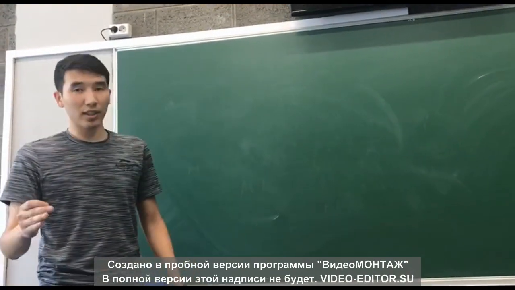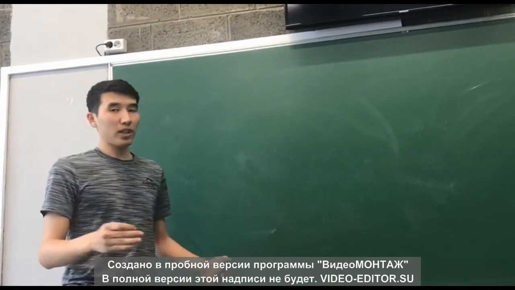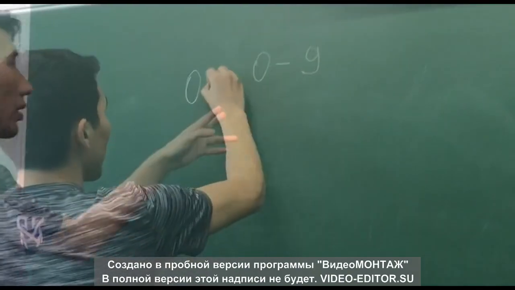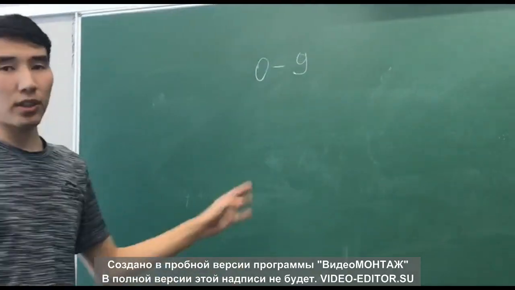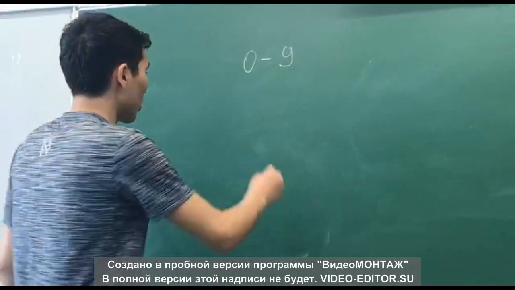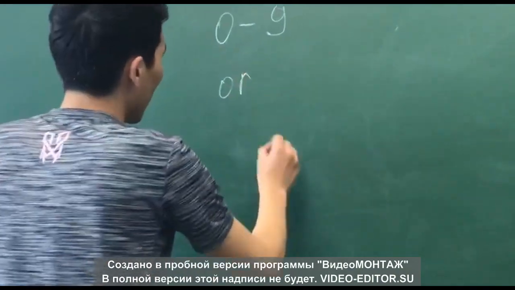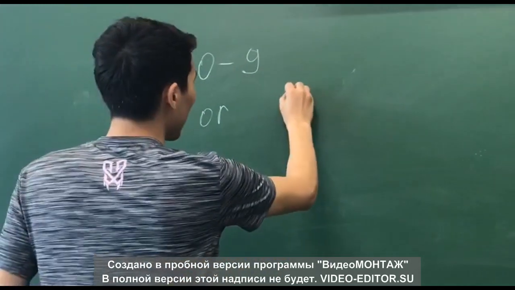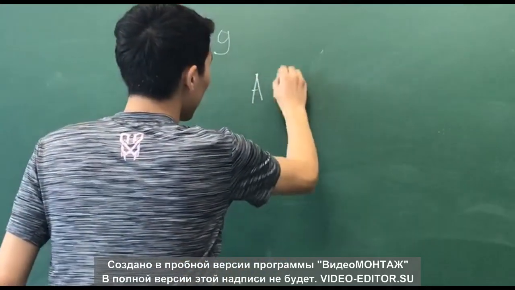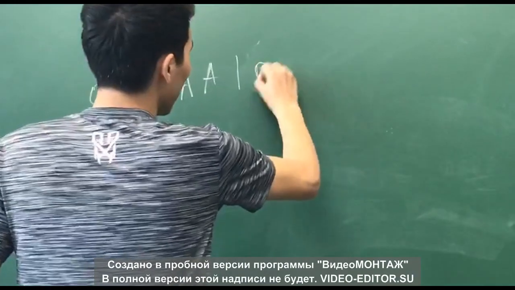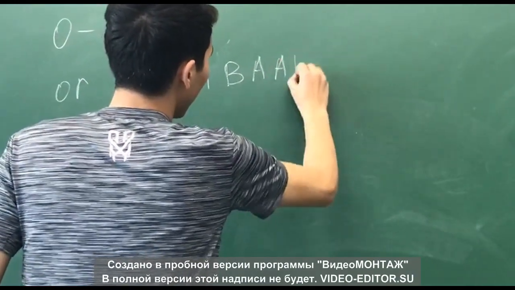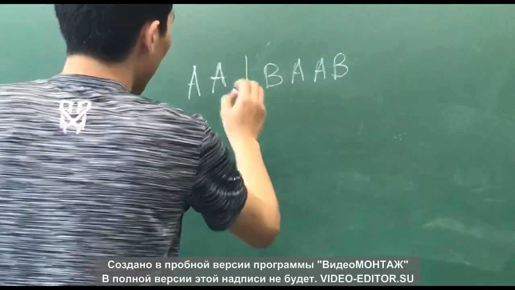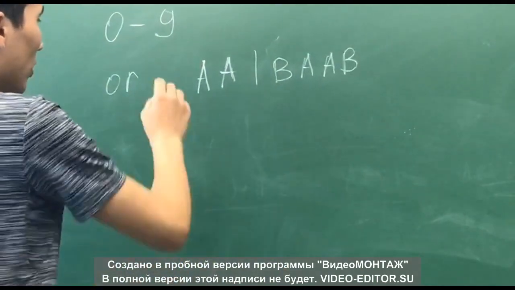Regex has a special syntax. There are a lot of operations. For example, zero. This expression should contain numbers. And the next operation is or. For example, if we have an expression like this, this expression accepts only one of these.